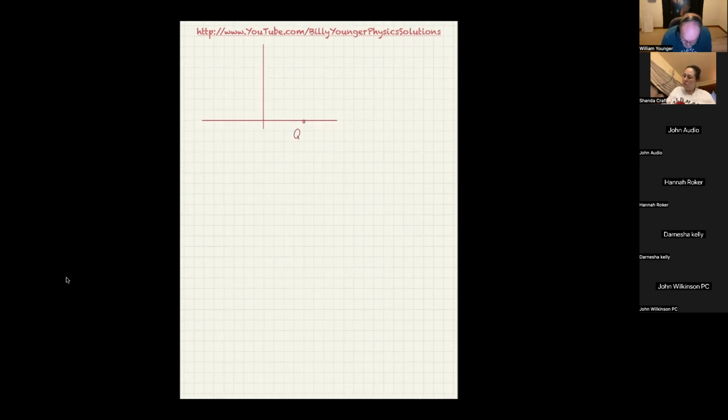I want to say Q is equal to positive, let's say 80 microcoulombs, and I'll assume that's 2 sig figs, so I'll put a little dot there after it. And I'm going to say this distance right here is 26 centimeters. Then I'm going to say over here is another 26 centimeters.